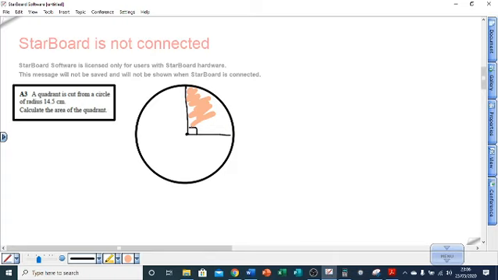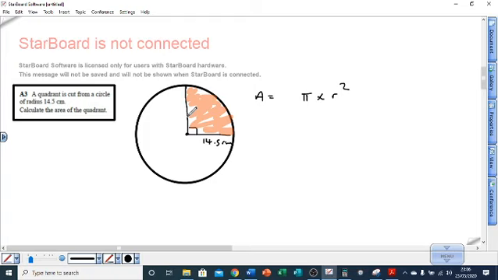So again, the area of a full circle is pi times radius squared, but it's not a full circle, it is only a quarter of a circle. You can see that because the angle here is 90 degrees out of the full circle of 360, and that will cancel down to a quarter. That's why it's called a quadrant. So it is just a quarter times pi times radius squared. Well, the radius is 14.5.